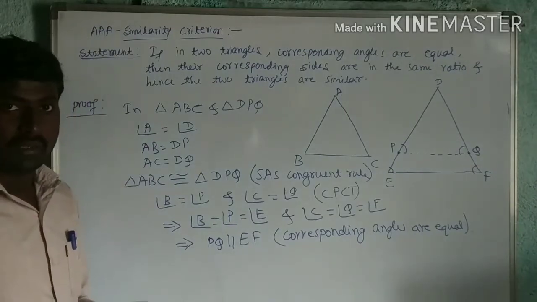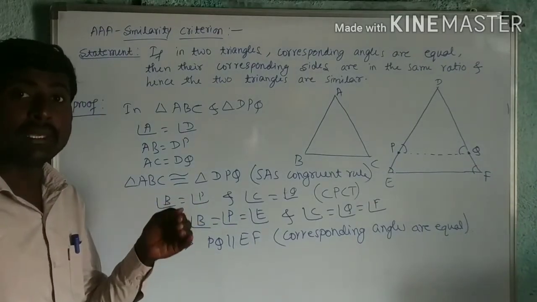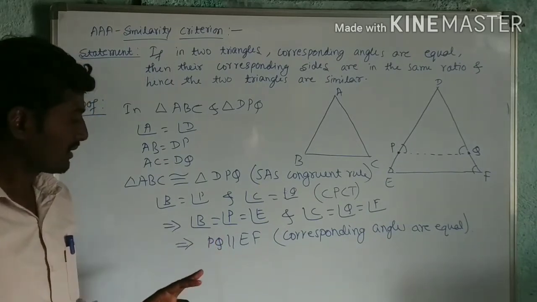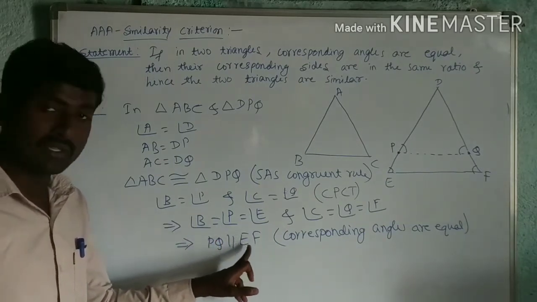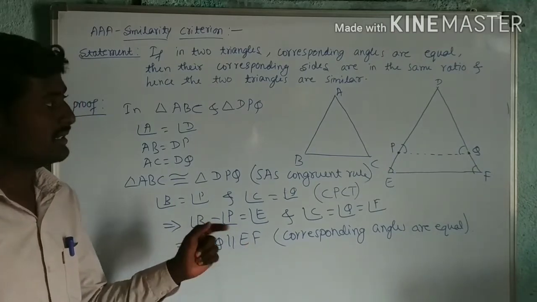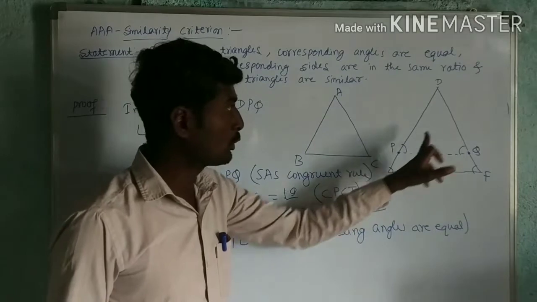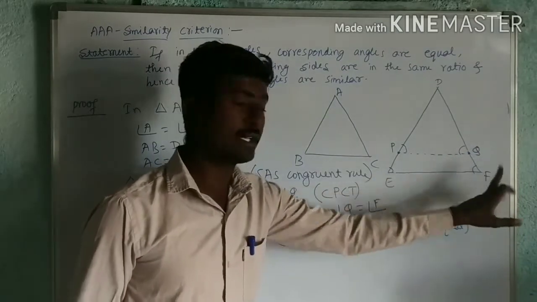Now, by BPT, the basic proportionality theorem, or by Thales theorem, if PQ is parallel to EF, then what can I write? DP divided by PE is equal to DQ divided by QF.